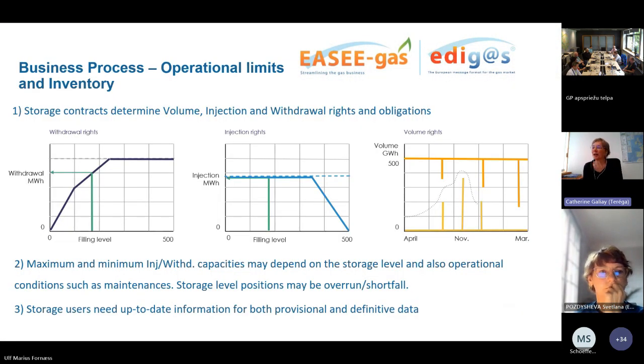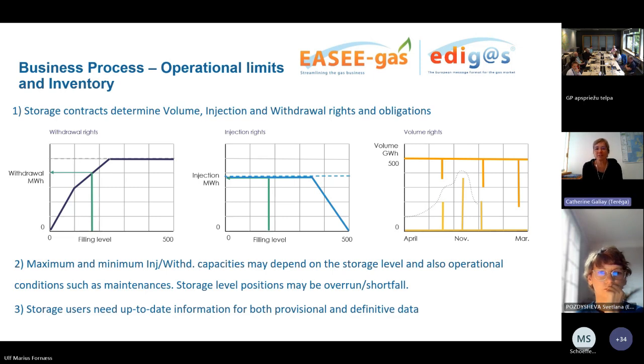Okay. So I will now present two of the messages created by our task force for storage and LNG operators. I will dive into detail on the limits and the invent messages just listed before by Svetlana. These messages contain information needed by our customers for operational limits and inventory level.